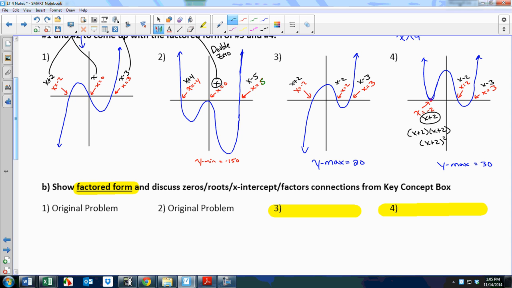All right, so final answer in number 3. The factors that multiply to make that cubic function are x plus 2 times x minus 2 times x minus 3. That is factored form. In number 4, the x plus 2 factor is used twice, so x plus 2 squared times x minus 2 times x minus 3.